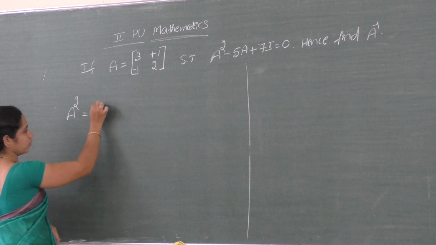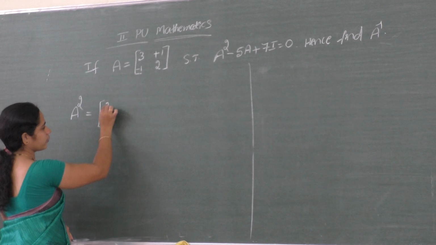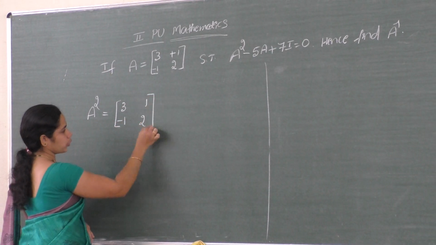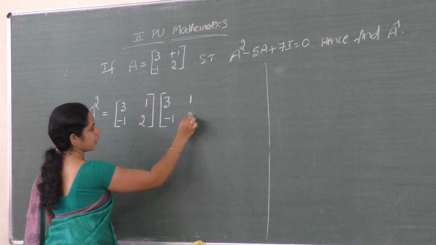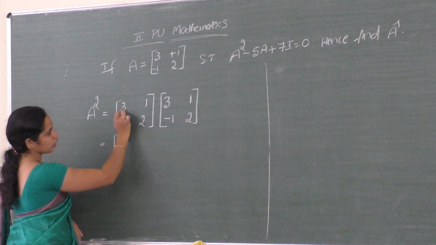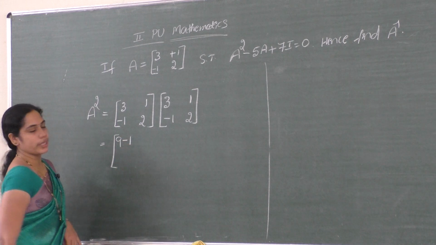What is A square? A square equal to A into A. A is given [3, 1; -1, 2] into A, [3, 1; -1, 2]. This is equal to 3 into 3, 9, minus 1.